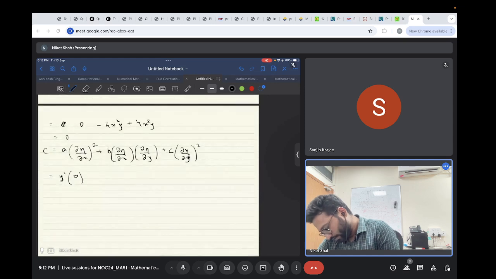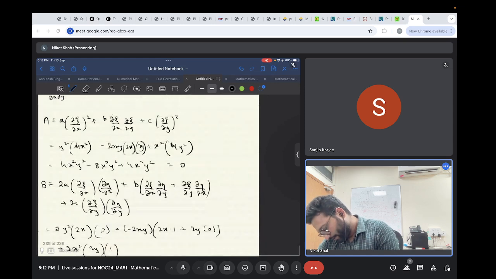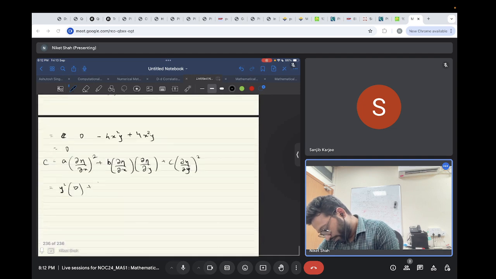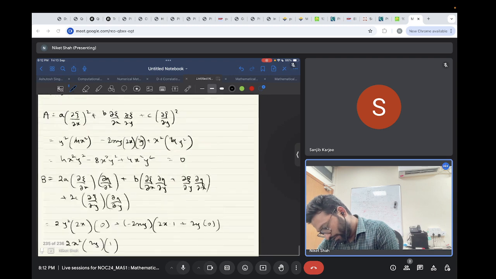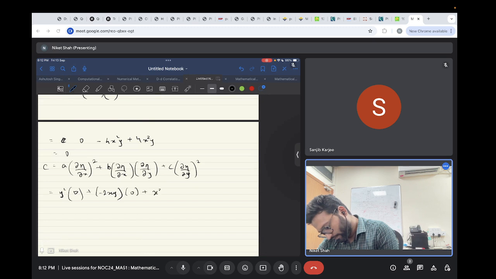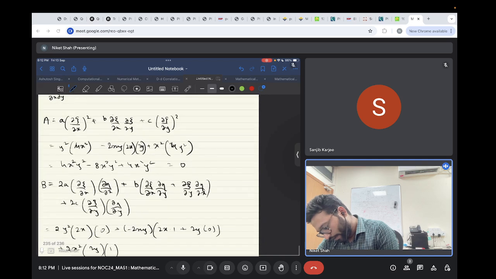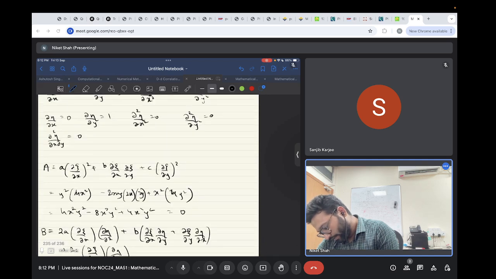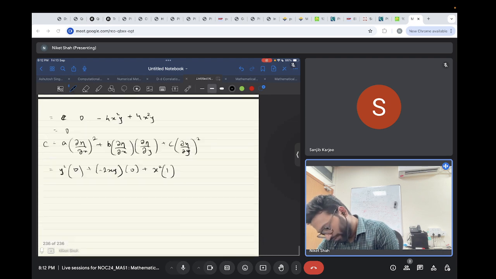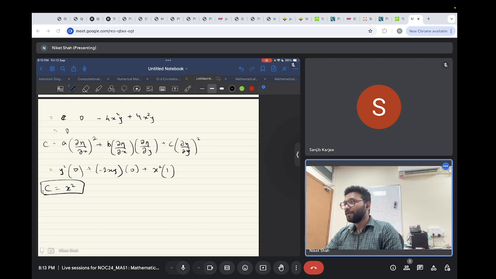Yes, this is 0, plus b, which is minus 2xy, into 0, plus c into ∂η/∂y the whole square, which is 1 square, which is 1. So therefore what we get is capital C is equal to just x squared. All right.